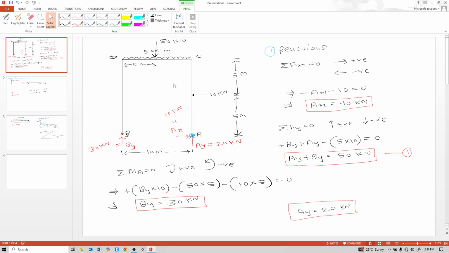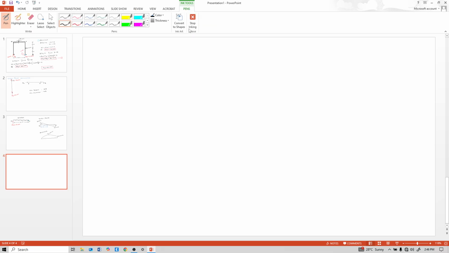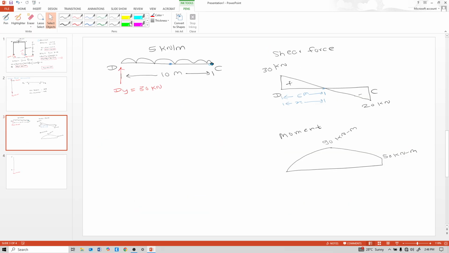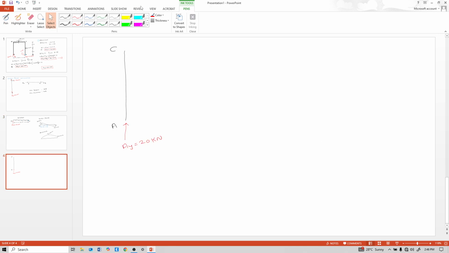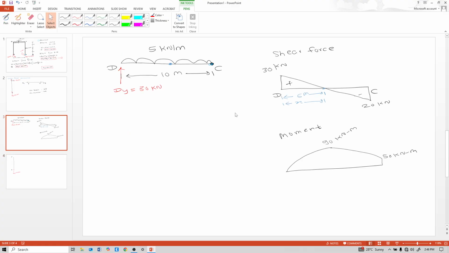Now calculate for this CA portion also. At point C there is a 50 kilonewton meter clockwise moment.